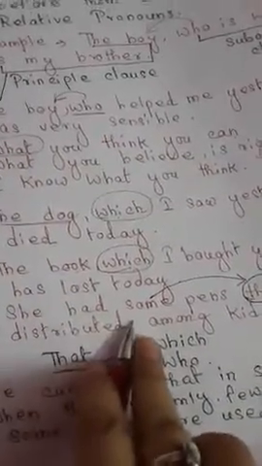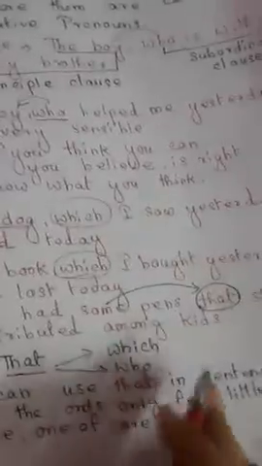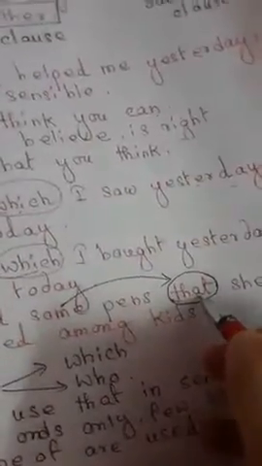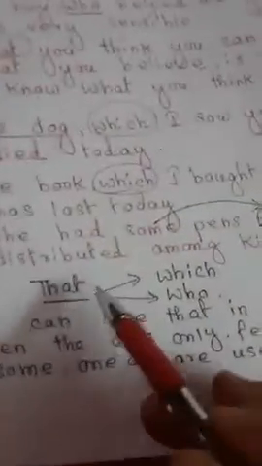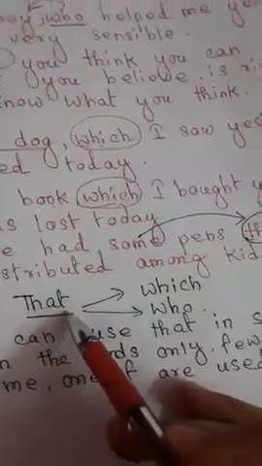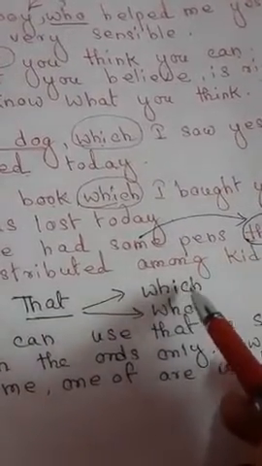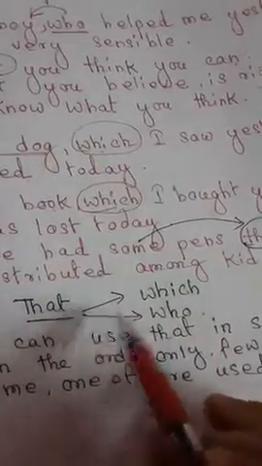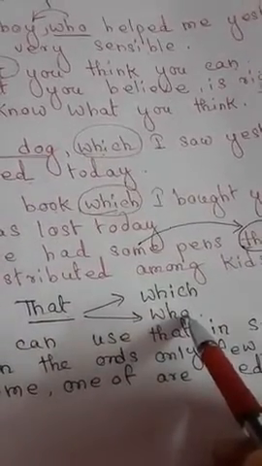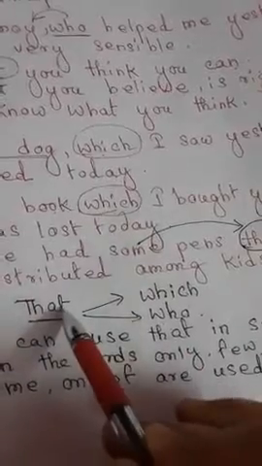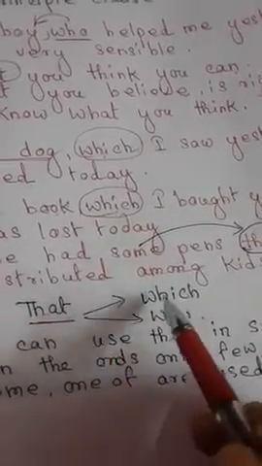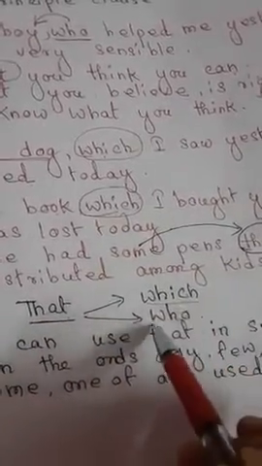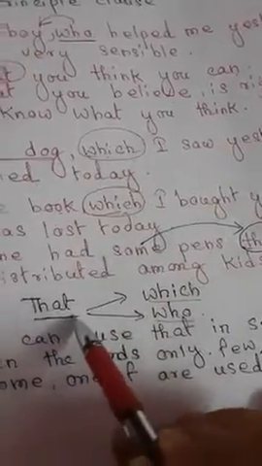Now, when will we use that? That is used in place of which, and that is used in place of who also. In both cases we can use that. Means instead of using which or who, we can use that.